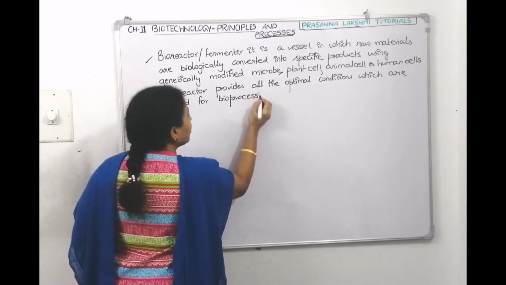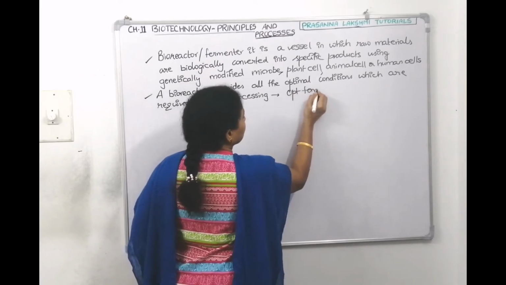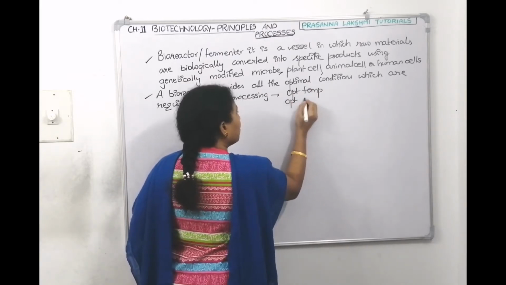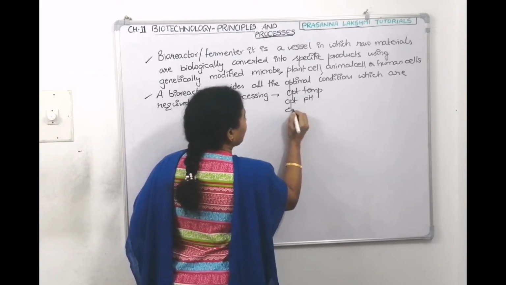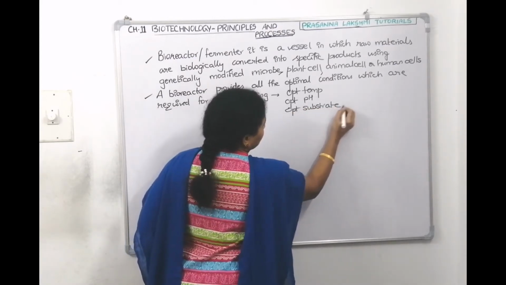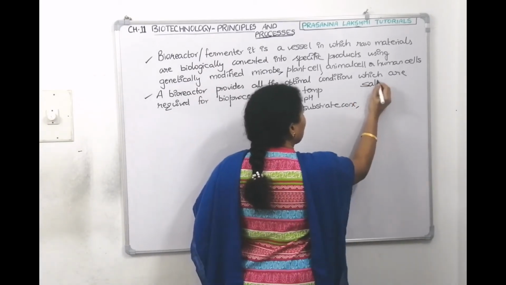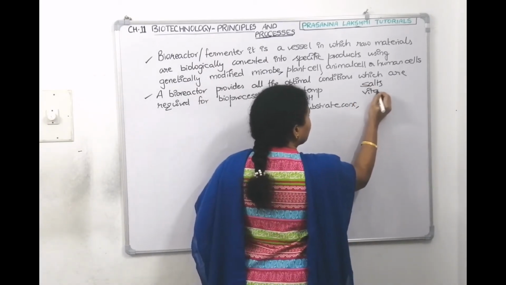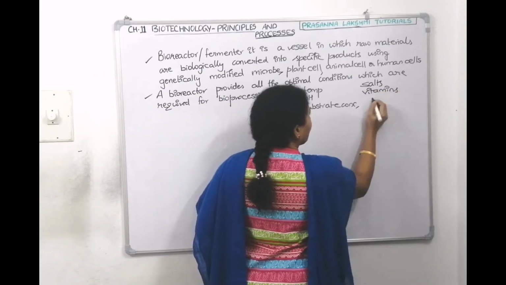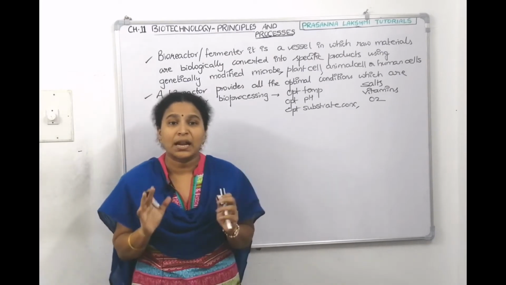What are the things? Come on, tell me. It has to provide optimal temperature, optimal pH, optimal substrate concentration, it has to provide salts, vitamins, oxygen, all these things so that the process will happen.